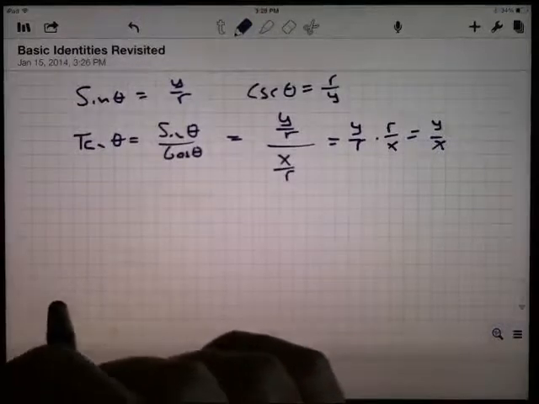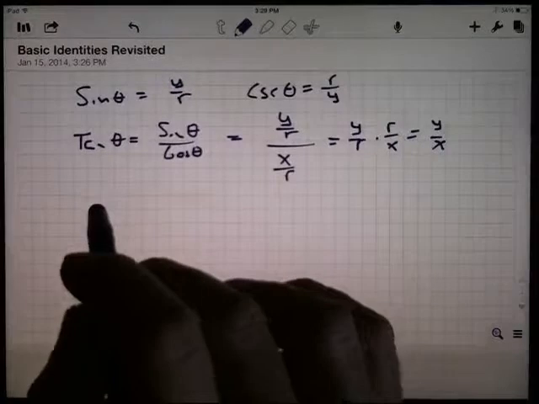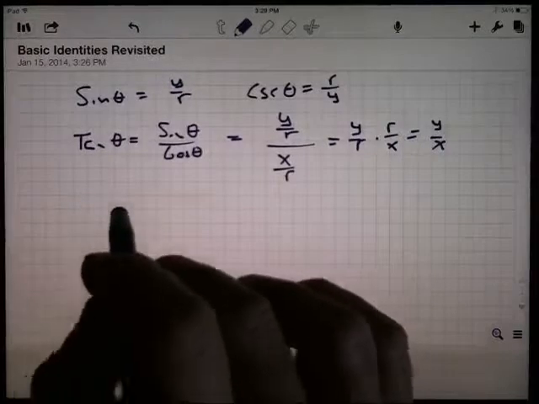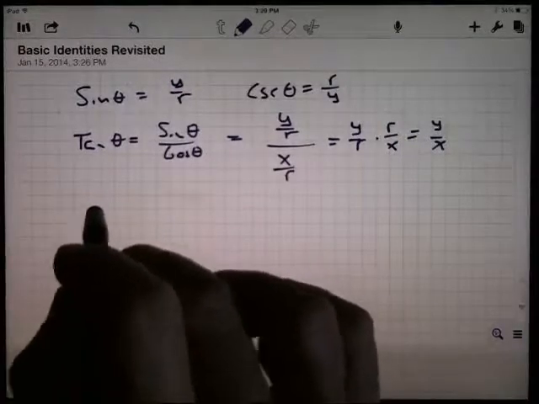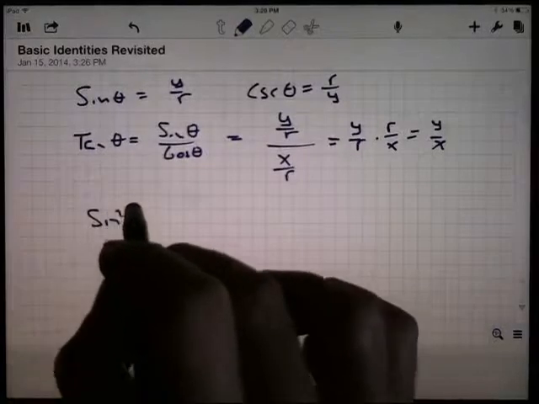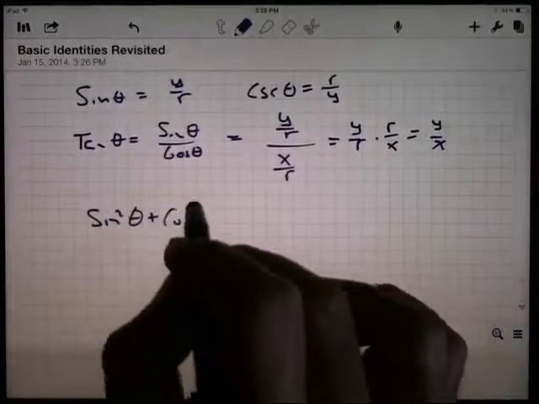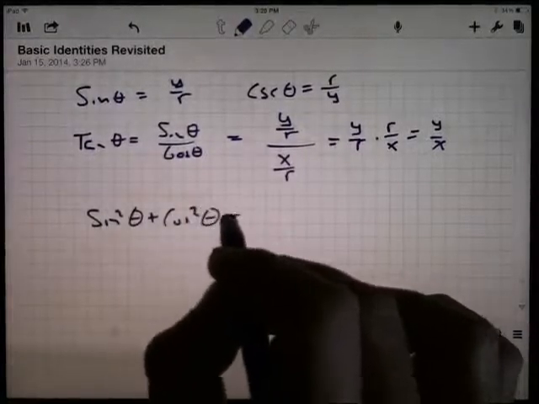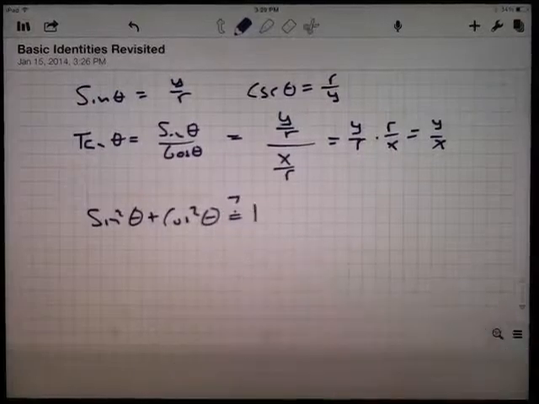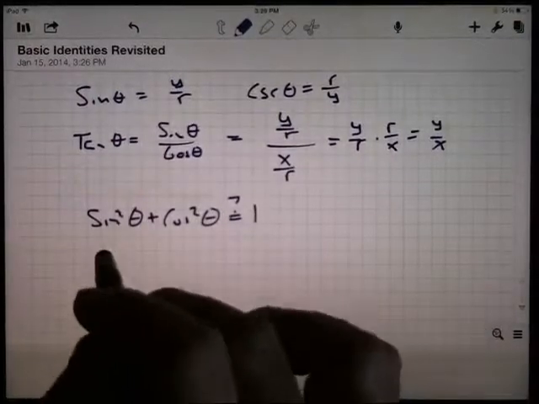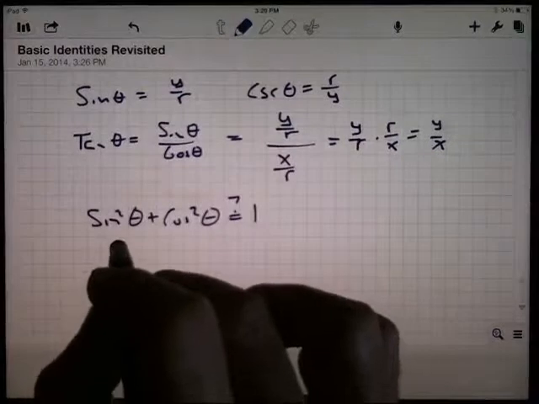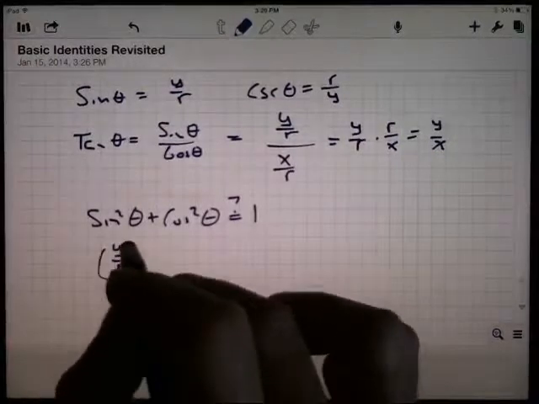If you take a look at the Pythagorean identities, sine squared theta plus cosine squared theta, is that still, I'll put a question mark over the equal sign, is it still equal to 1? Well, the sine of theta is y over r, so squared looks like that.